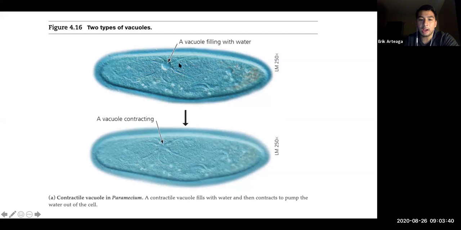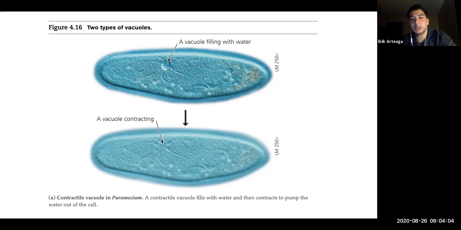So you also have contractile vacuoles. Contractile vacuoles are found in paramecium. A contractile vacuole fills with water and then contracts to pump the water out of the cell. This can be utilized for movement as well as regulating osmotic stresses, okay? And we'll get into osmotic stresses later: hypertonic, hypotonic, and isotonic.